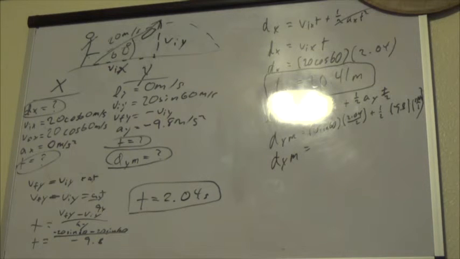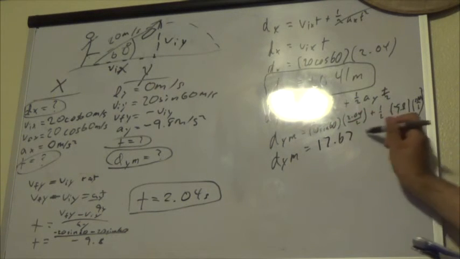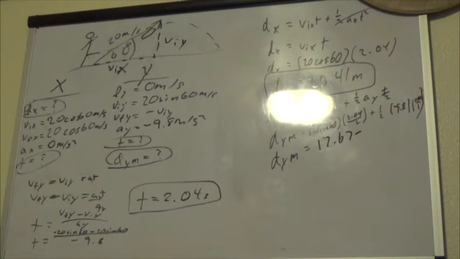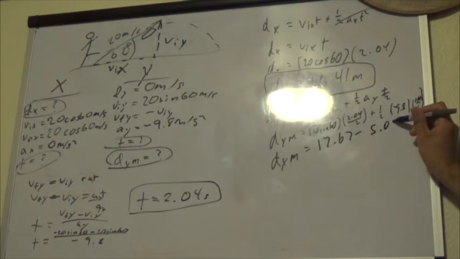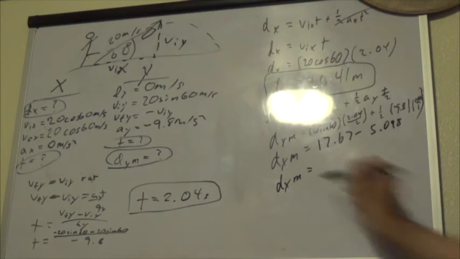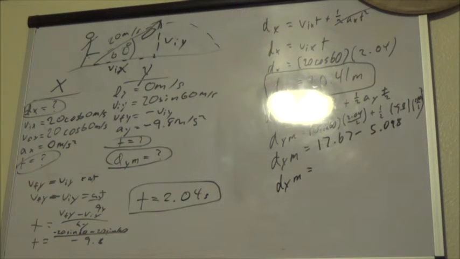We're going to be using 1.02 instead of 2.04, using the equation dy equals v initial y times t over 2 plus 1/2 a times t over 2 squared. We'll find that dym equals 12.57.